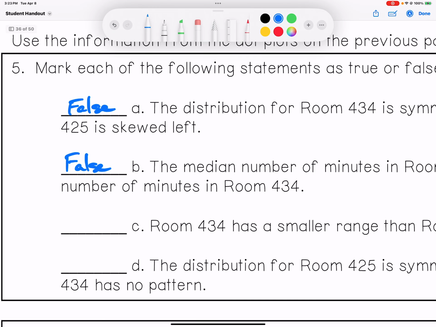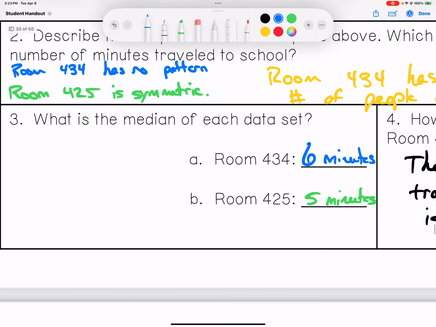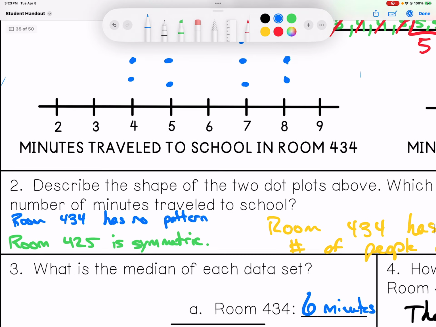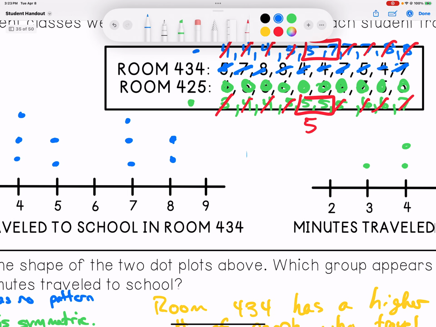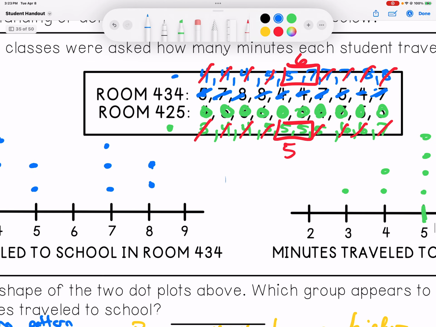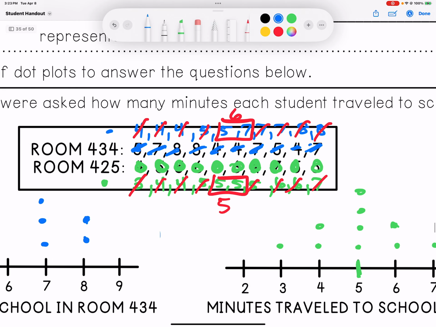Room 434 has a smaller range than 425. Okay? Range is the same thing as IQR. And so if you went and found the IQR, which we did not, okay?